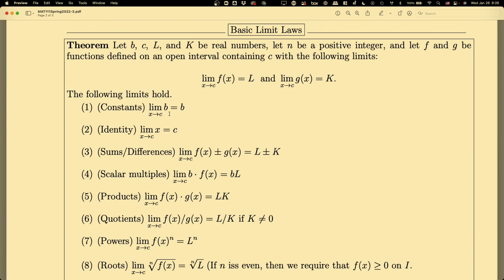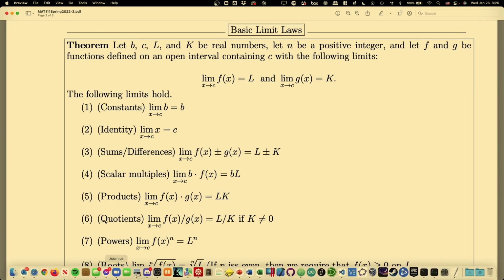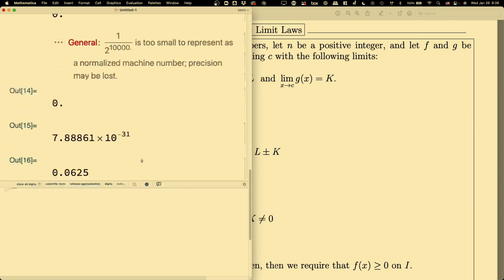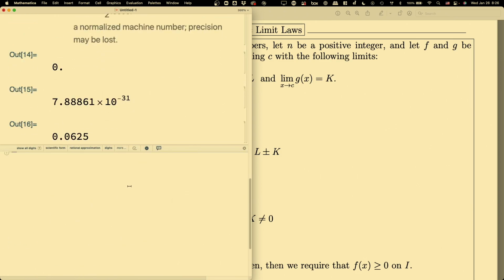Now, from a graphical standpoint, how might we establish this? So somebody give me a constant function. Give me a constant. 3. How creative.